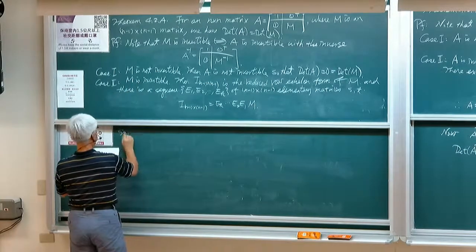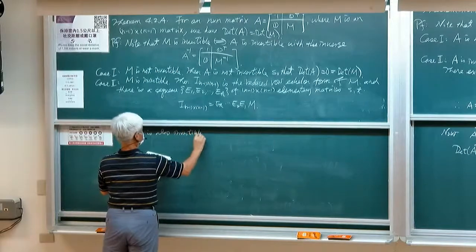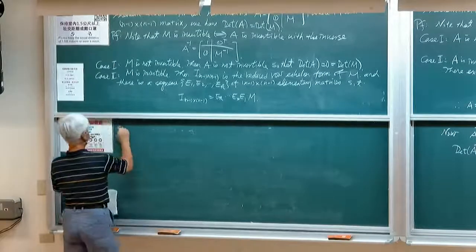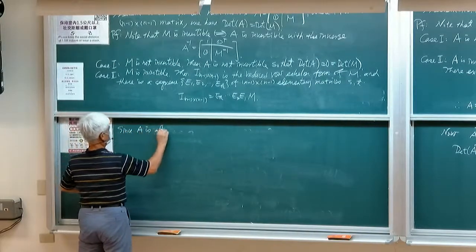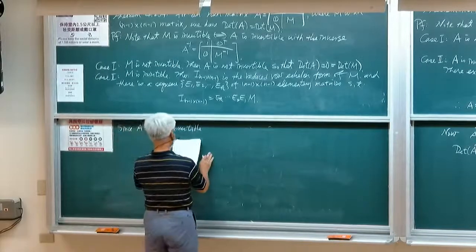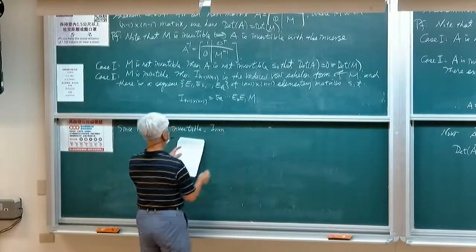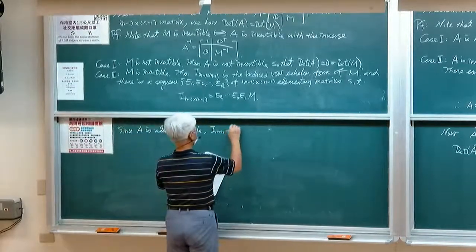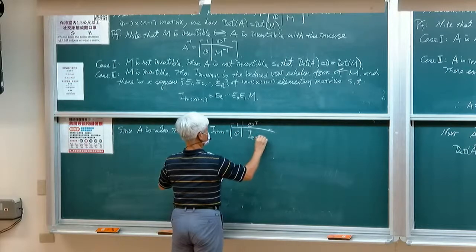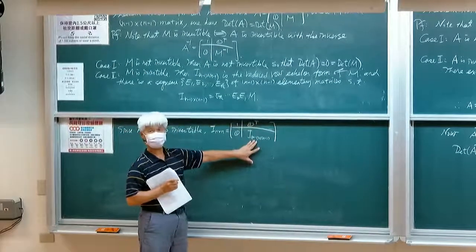So since A is also invertible, the n times n identity matrix can be written in this way, by using the (n minus 1) times (n minus 1) identity matrix.